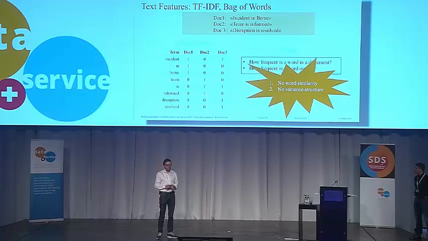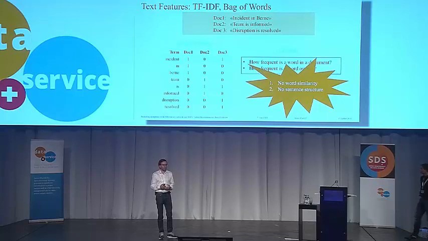In the first document it talks about an incident in Bern, and the third document talks about the disruption. So we know that those words are similar. They're talking about the same thing, but the way these features are constructed, this is not captured. So there's a completely different count for resolved and for incident. And also there's no sentence structure.